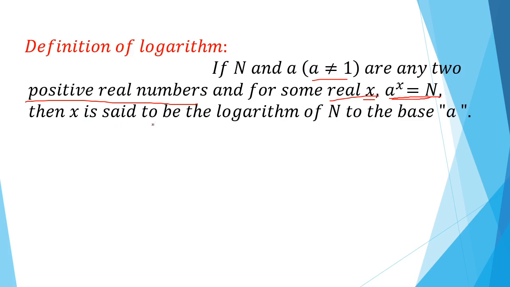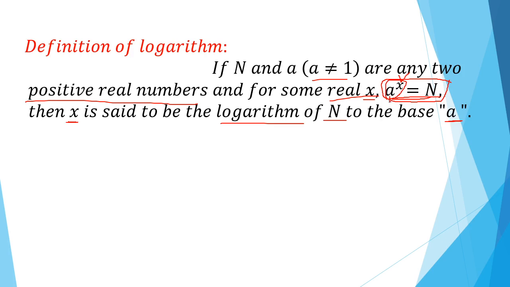Then x is said to be the logarithm of n to the base a. I am underlining these three letters. In this exponential form, x is said to be the logarithm of n. Here in this part, this is the base.